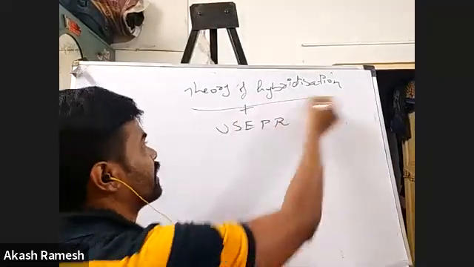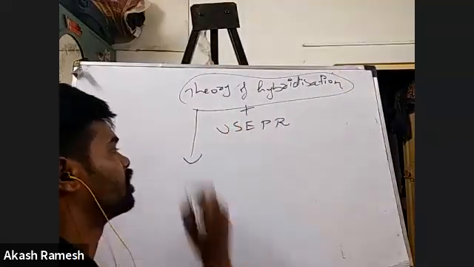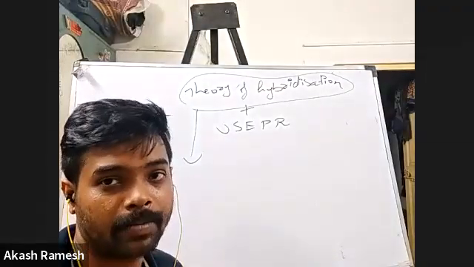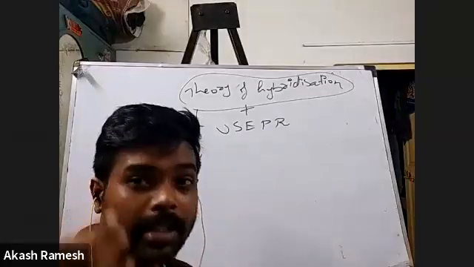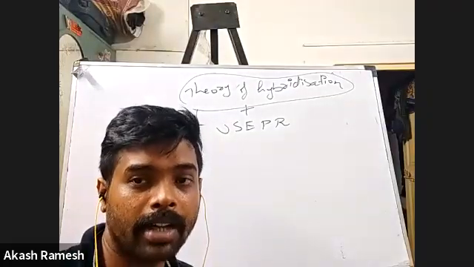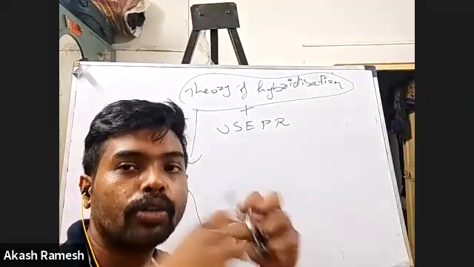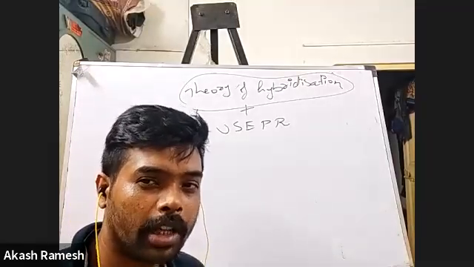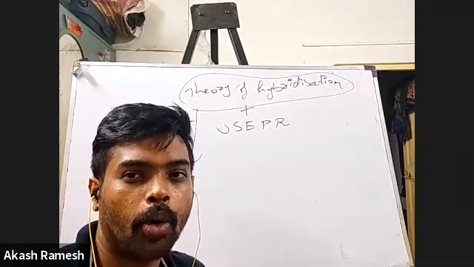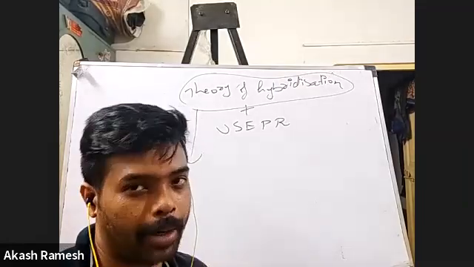So till now in VBT, what you saw is that atomic orbitals are overlapping to form a covalent bond, isn't it? In VBT, we saw that atomic orbitals come together, overlapping to form a covalent bond, right?